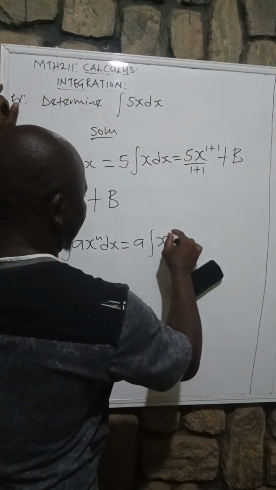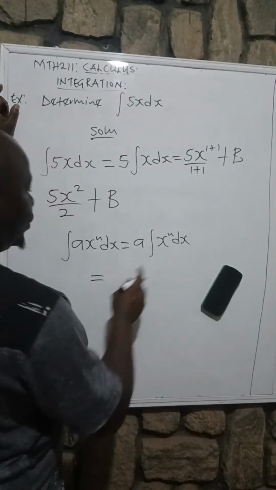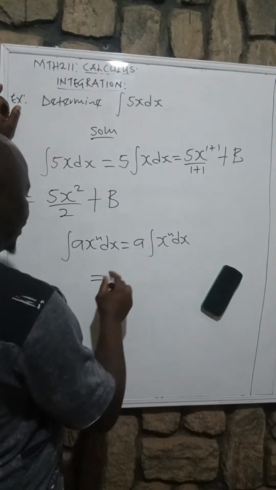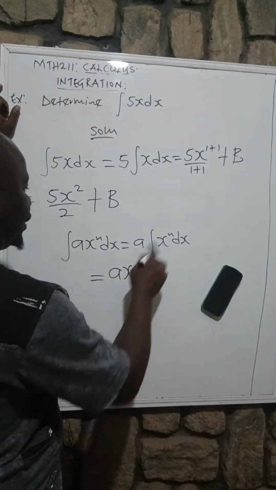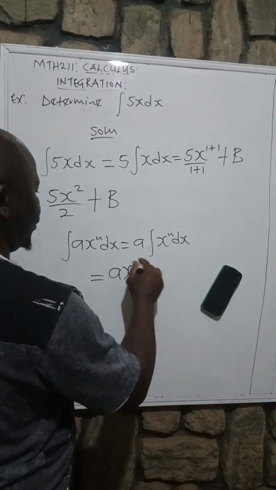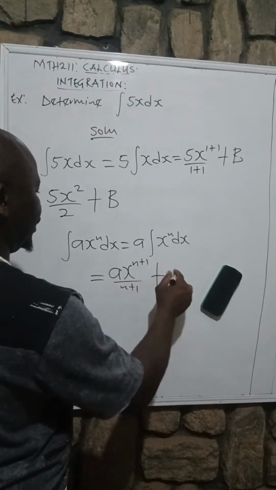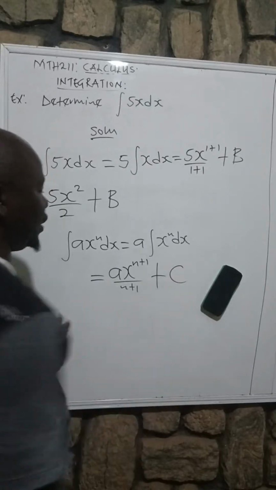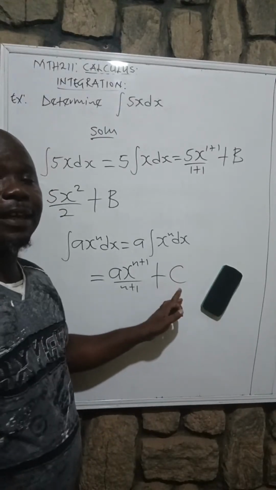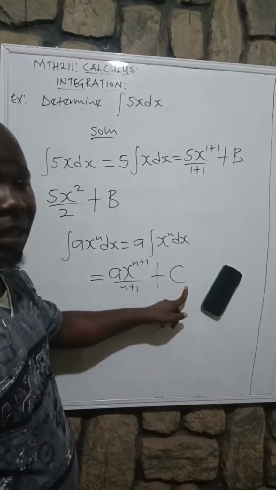So if we are to integrate this, we are going to have ax raised to the power of n plus 1 divided by n plus 1 plus any constant. It could be c, any constant, either a, b, c, k, h, any, but it must be a capital letter.